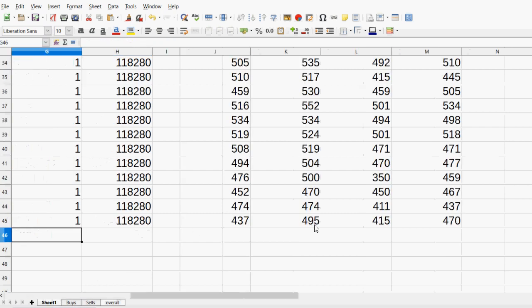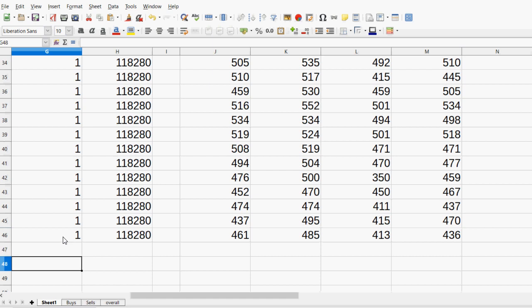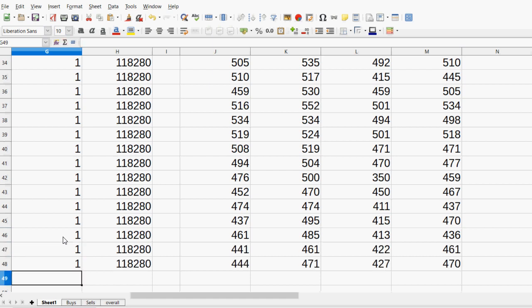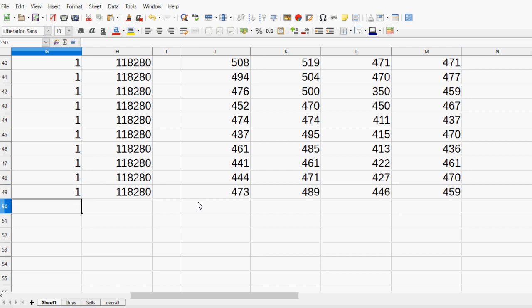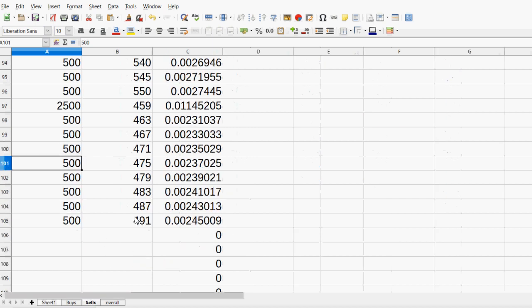So with 495 being the last sale, maybe buy back at 410, which almost came through, but not quite. Okay, it goes up to 514.